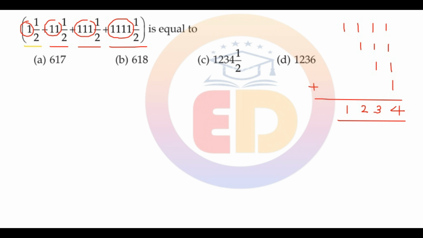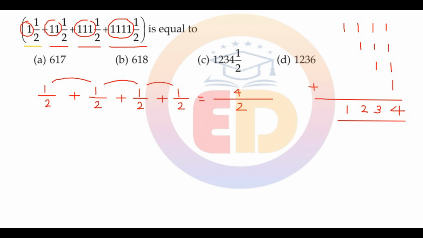And now let's add the fraction part. 1 by 2 plus 1 by 2 plus 1 by 2 plus 1 by 2. All of them are like fractions because they have the same denominator. So the denominator of the answer will be 2. Add the numerators, which is 1 plus 1 is 2, 2 plus 1 is 3, 3 plus 1 is 4. 4 divided by 2 is 2.